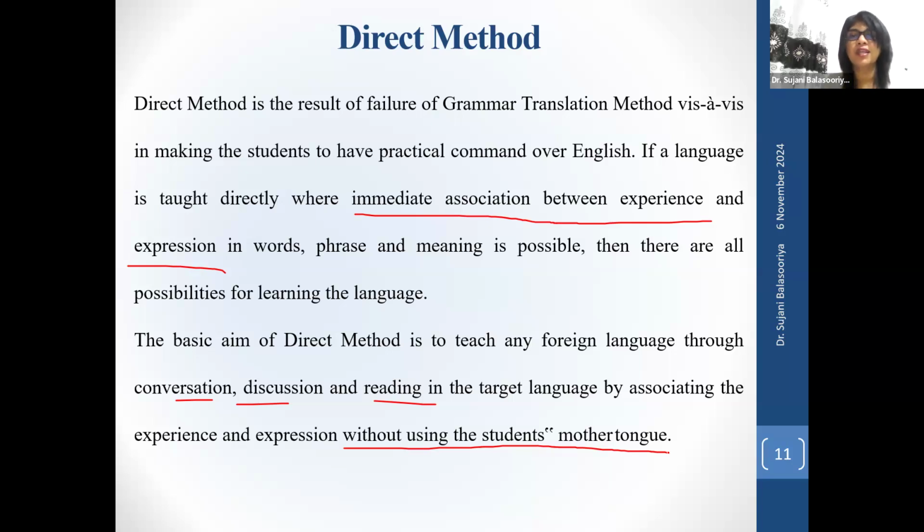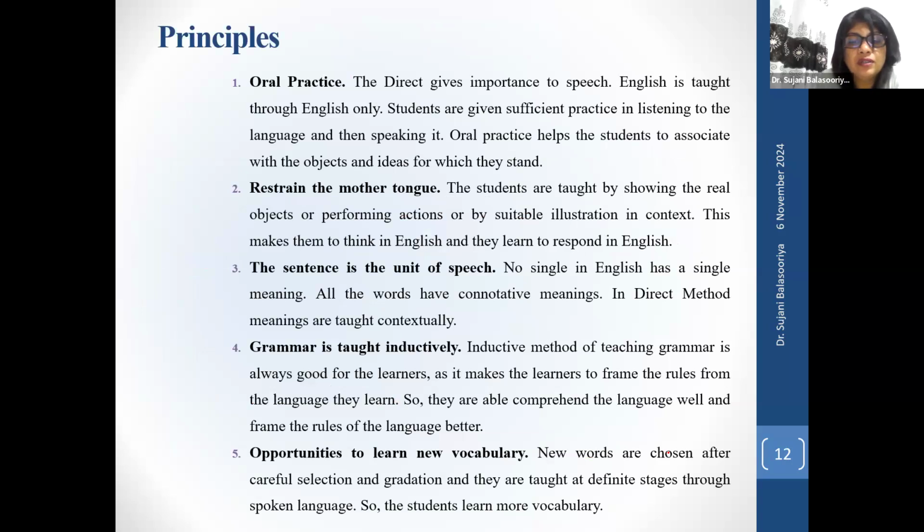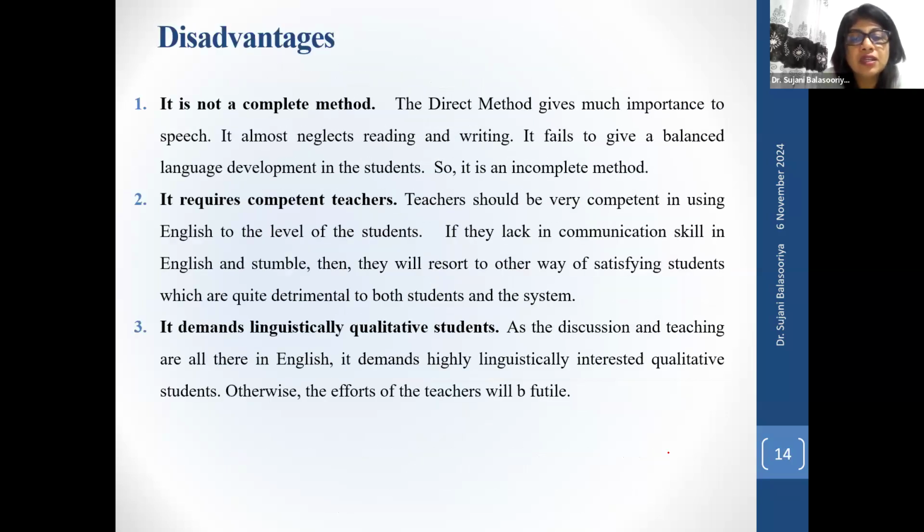So usually the direct method is applied when conversations, discussions and readings are happening using the target language only, right? As classroom activities. So there are principles here also. What are the principles? There are eight different principles before we go to talk about the disadvantages and advantages.